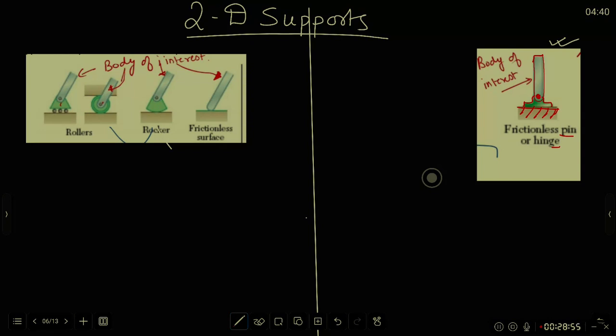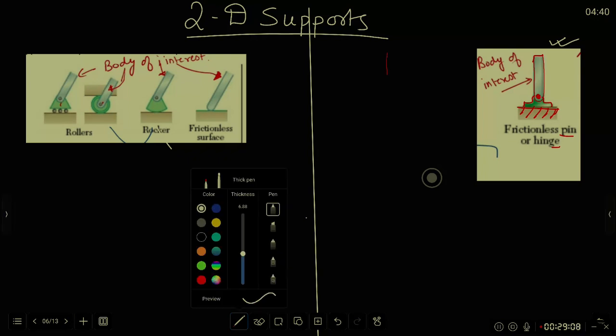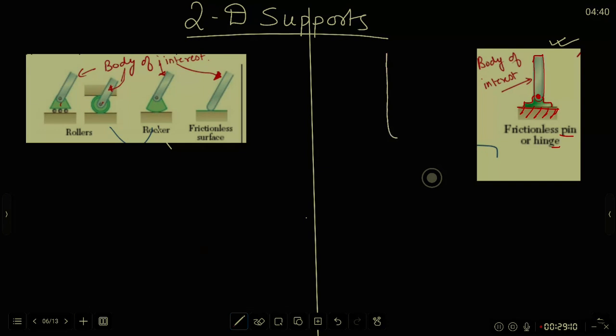And now I have to draw the reaction force system. What will that be? This is my body of interest. I have already said at max we can have Fx, Fy and Cz.